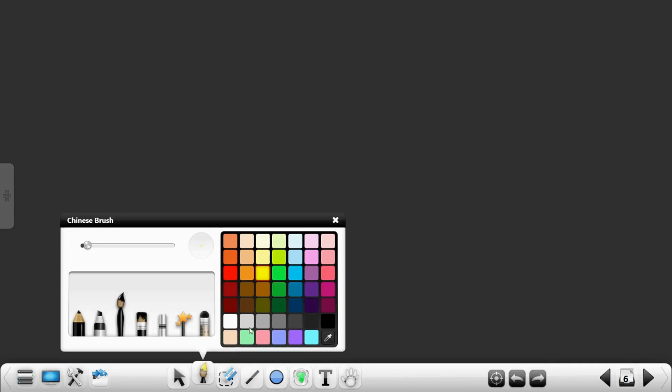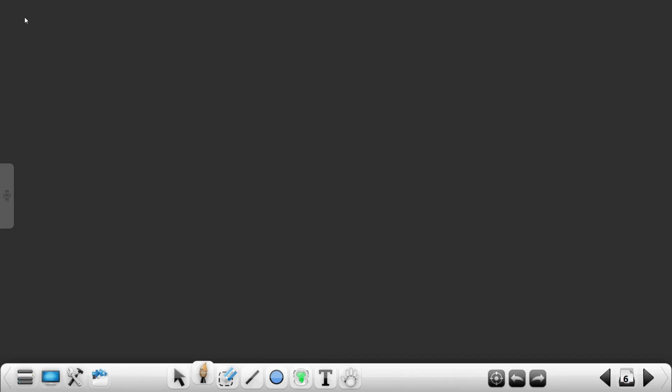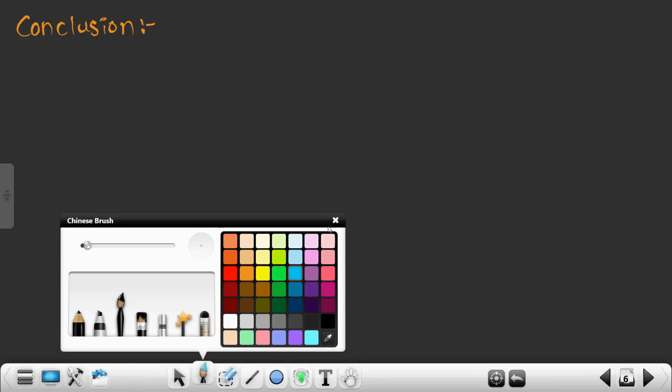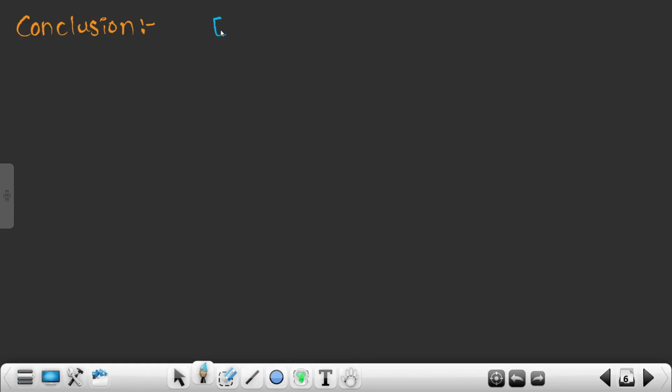So this would be our conclusion. Let me write over here the conclusion of this discussion. The conclusion of this discussion is that the energy of the K shell is not equal to the energy of the L shell.